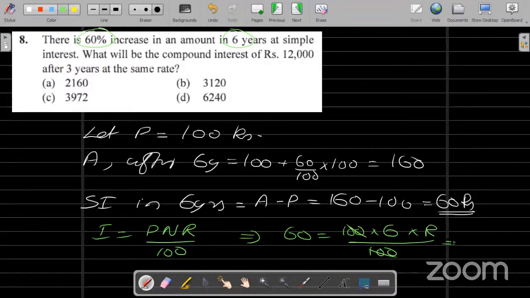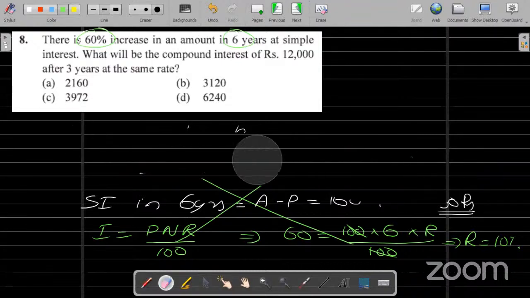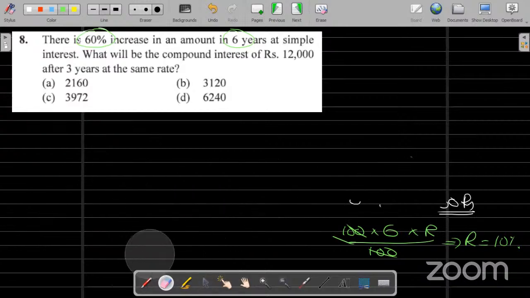I'll get R equals 10%. To bypass this, no need to write all these things to get the rate. In 6 years, I'll get 60% simple interest.